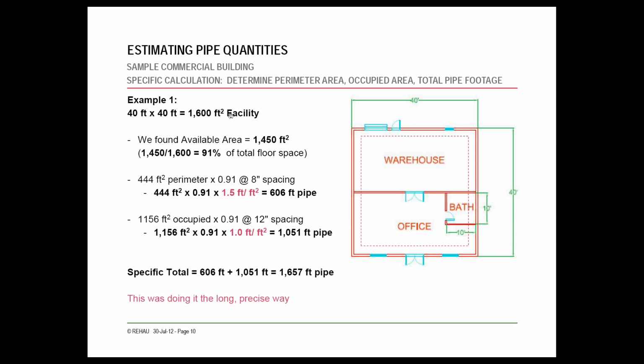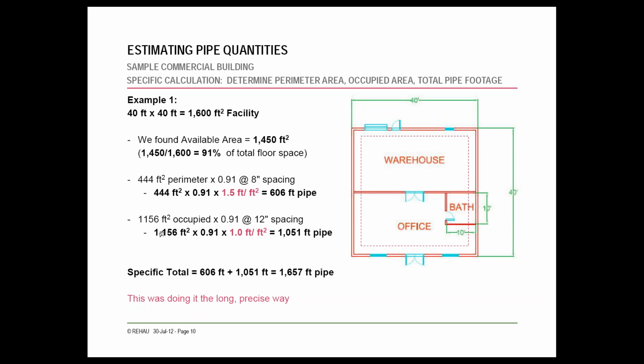We find out that of the 1,600 square feet, 1,450 are actual floor space and not walls and other areas where we can't install pipe. Then 440 square feet of that area is 8-inch spacing, which would require 606 feet of pipe.